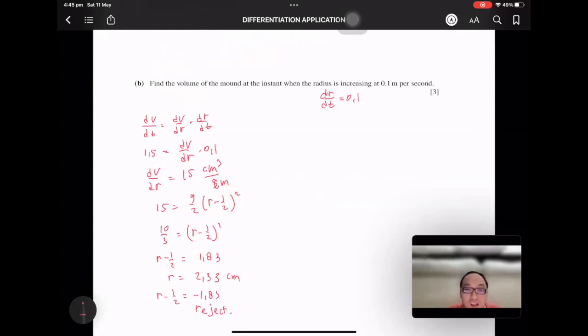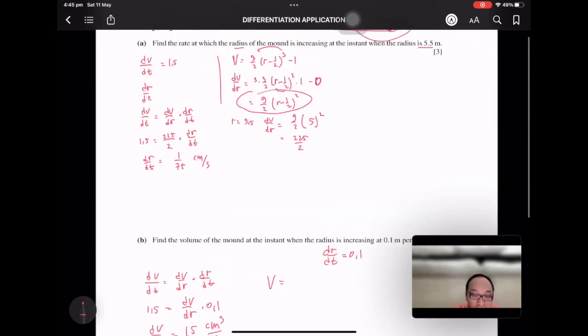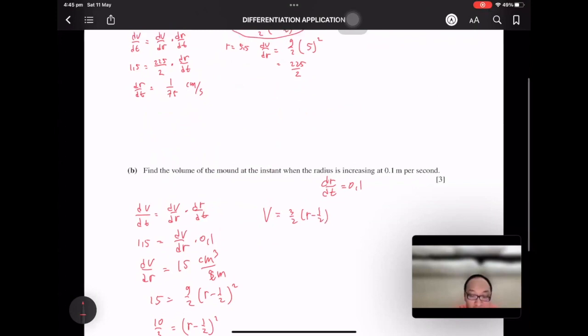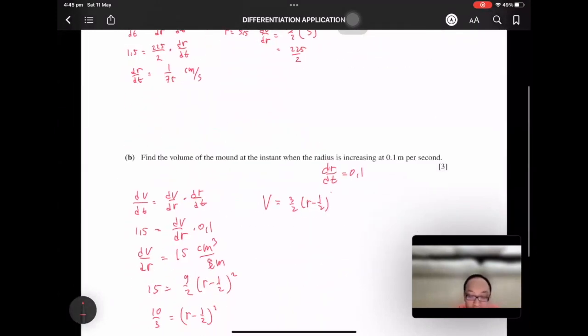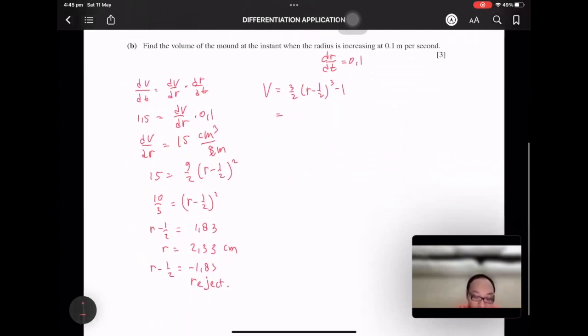Okay, now we have the r. So we can find the volume. The volume is 3 over 2 (r minus half) cubed minus 1. So I can just put the value of r minus half. So 3 over 2 times 1.83 cubed minus 1.